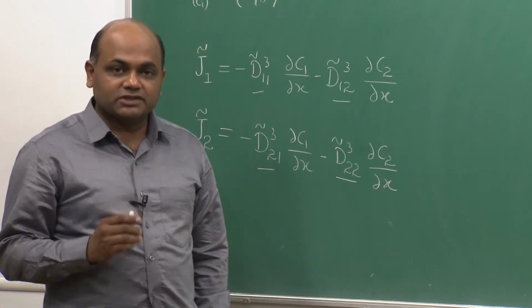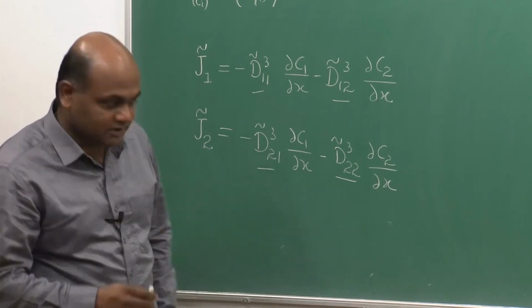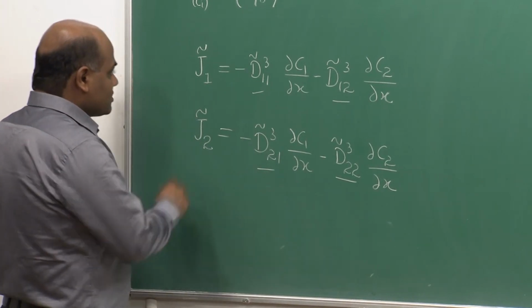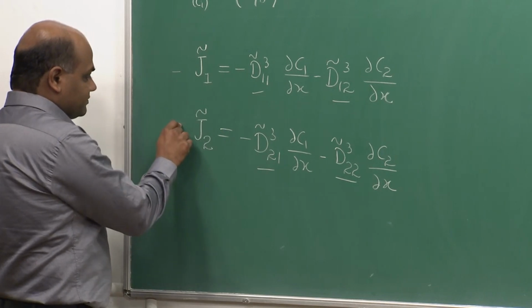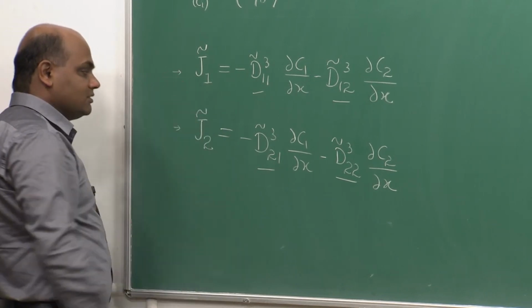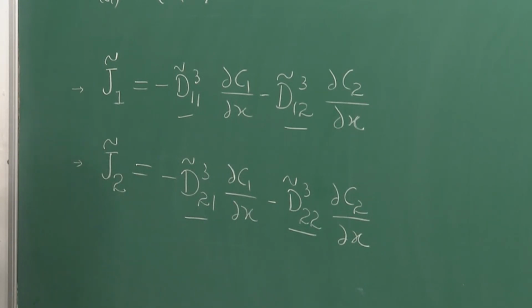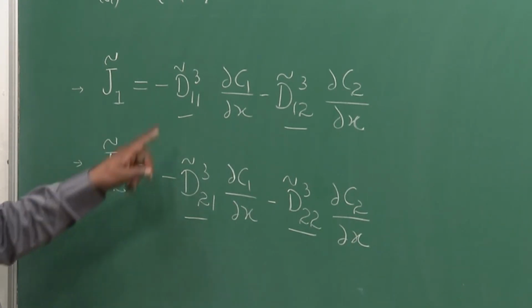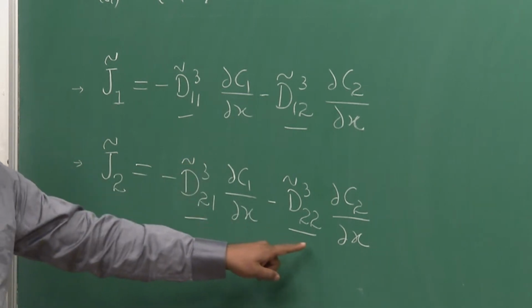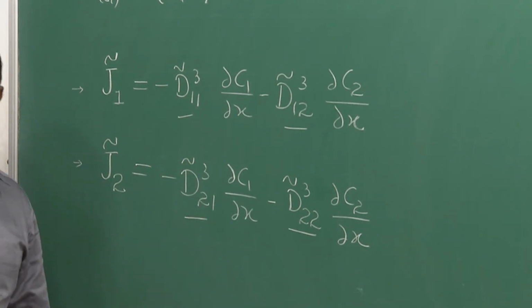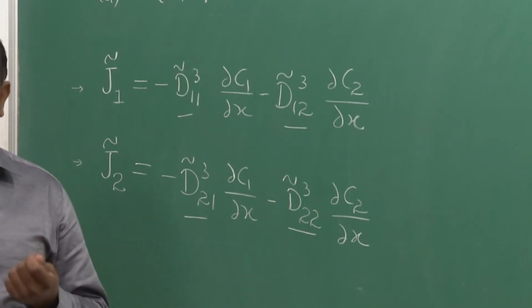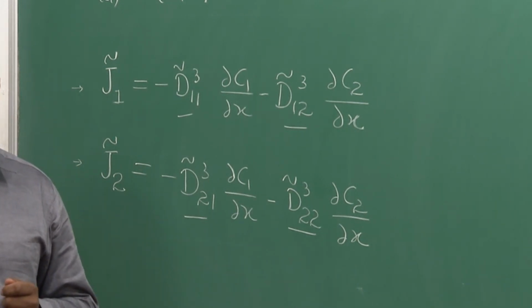So, at any composition plane of a single diffusion couple, we can get only 2 equations, one for J1 tilde, the other for J2 tilde. And so, we cannot evaluate the entire set of interdiffusion coefficients with a single diffusion couple. So, obviously, I need more than one diffusion couple.